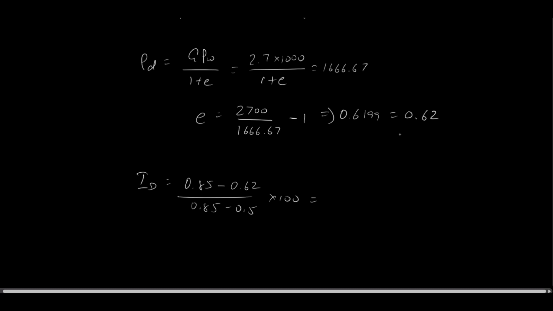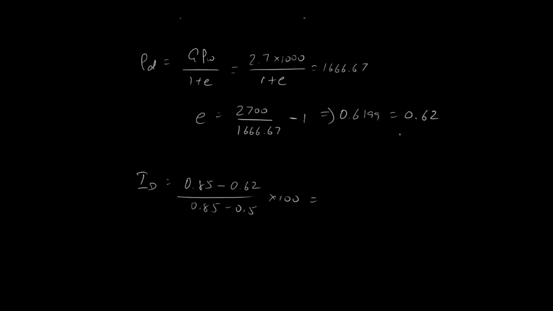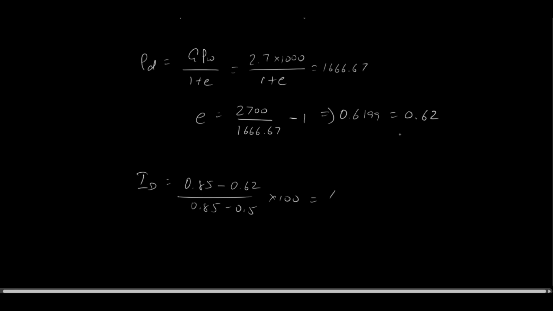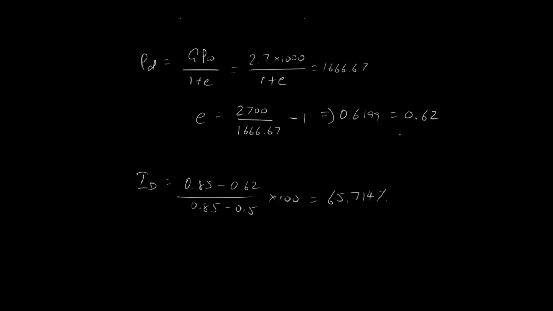That is 0.85 minus 0.62 divided by 0.85 minus 0.5 into 100, which will be equal to 65.714 percentage.